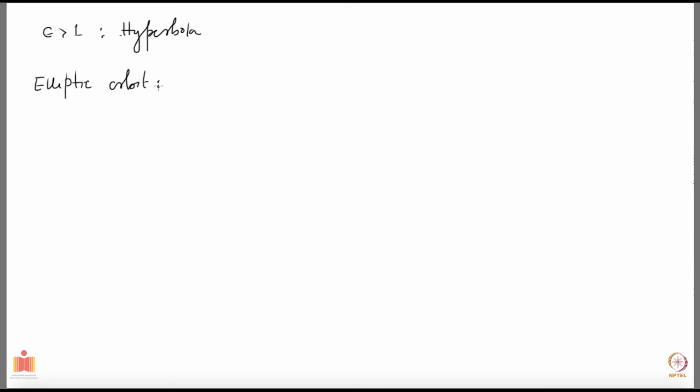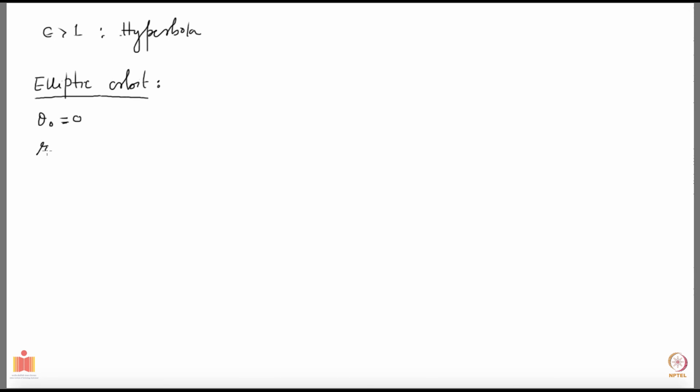All I want to do right now is to tell you whether the ellipse is towards the left or towards the right. That's what I want to say. I'll make it more precise. So first, for a moment, I'll put theta naught to be 0. I'll come back to the theta naught business later.